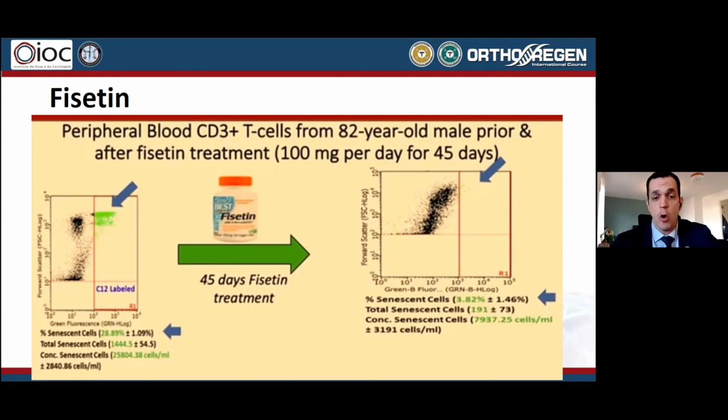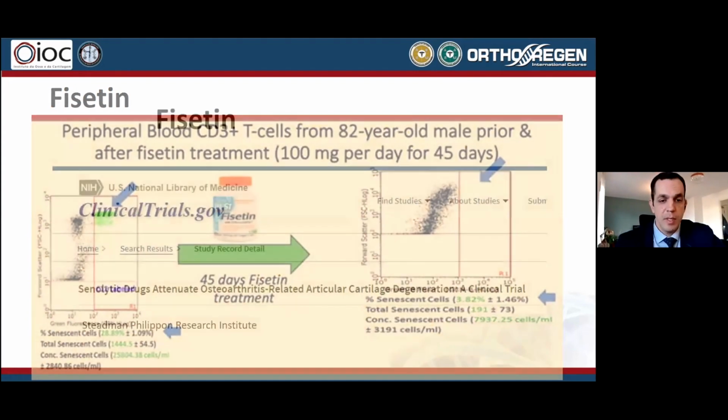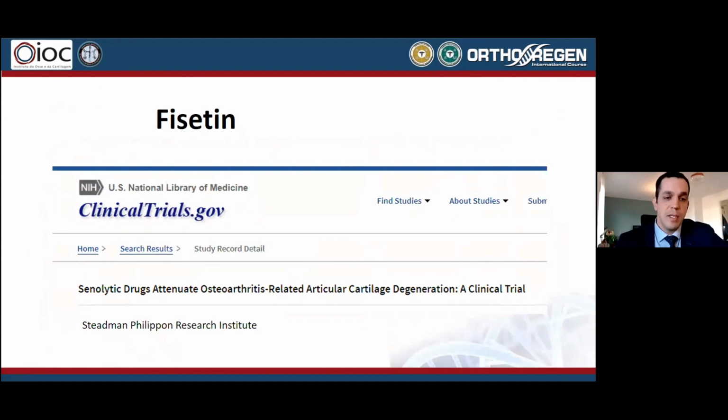And after only 45 days of fisetin at a dose of 100 milligrams per day, they decreased the number of senescent cells to 3.8%, which shows the power of this simple supplement, a nutrient that we can find in some fruits like strawberry and others.